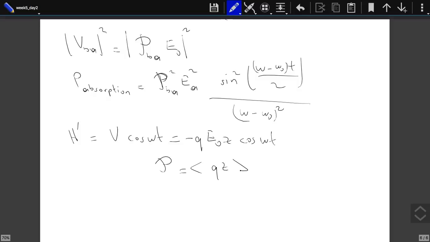So for absorption, omega doesn't have to be equal to omega 0. Now, if omega is not equal to omega 0, you can still have an absorption probability. It doesn't have to be exactly equal.